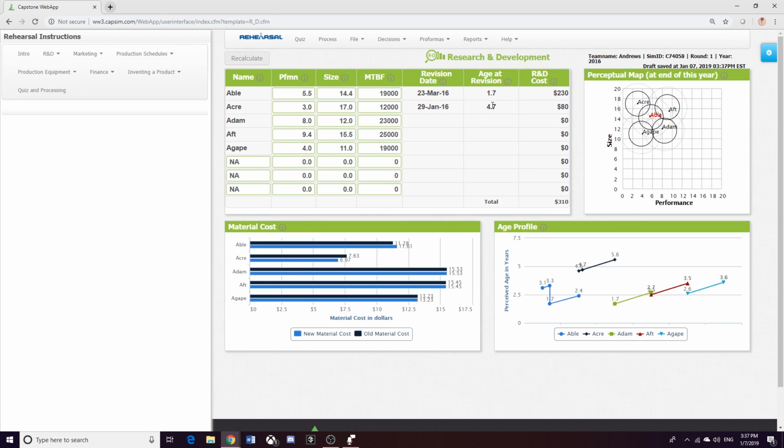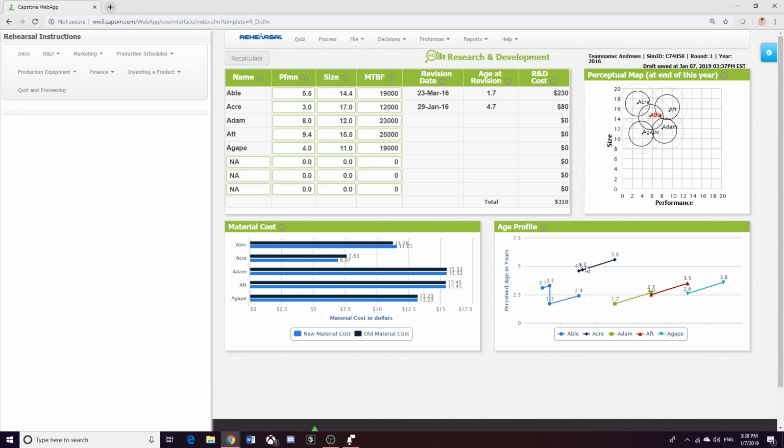And you see here, it tells you that age at revision is 4.7, because when you change MTBF, age does not change. It continues growing at the same number. It doesn't cut in half. You see it in here. Age did not cut in half, even though we changed MTBF.